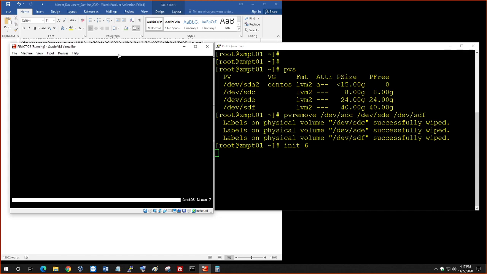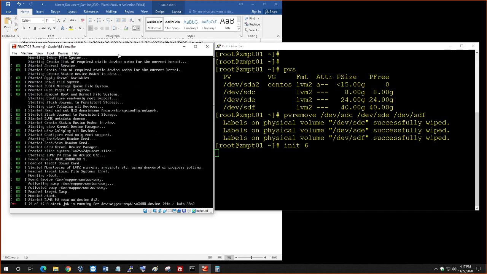If the system is stuck, you could push the escape key, and when you push escape, you can see what is happening in the background.